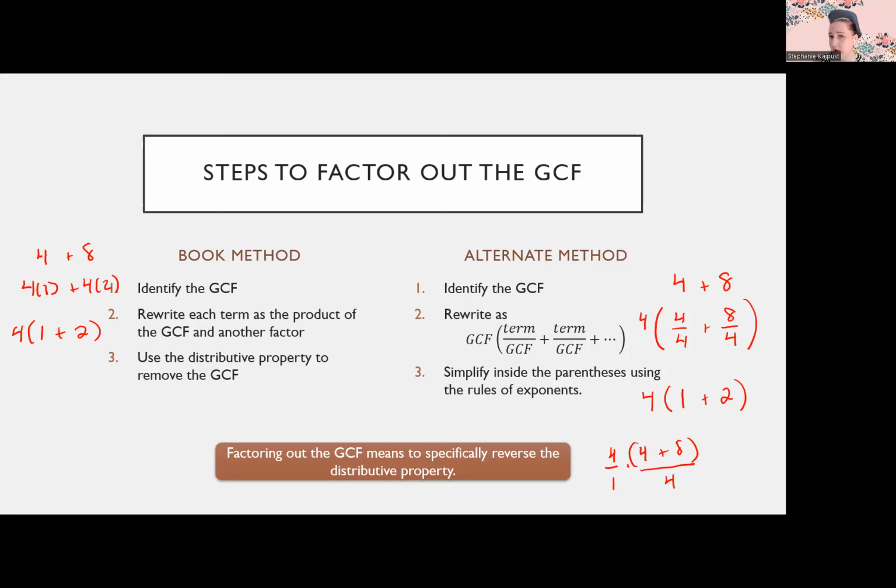So these are equivalent methods. It's just a matter of which method makes sense for the way that your brain works, whether it's taking what you have and splitting it up into multiplication, or taking what you have and doing division. They come out to the same thing. And the goal of both is to reverse the distributive property.